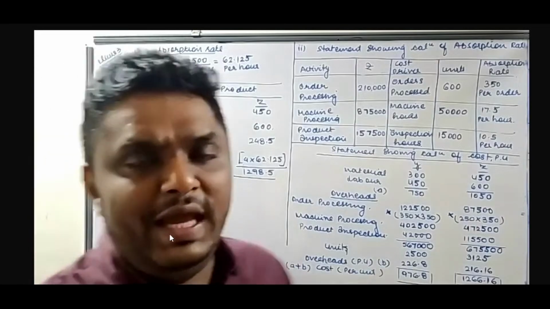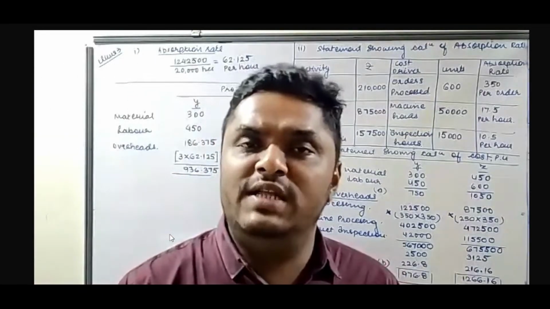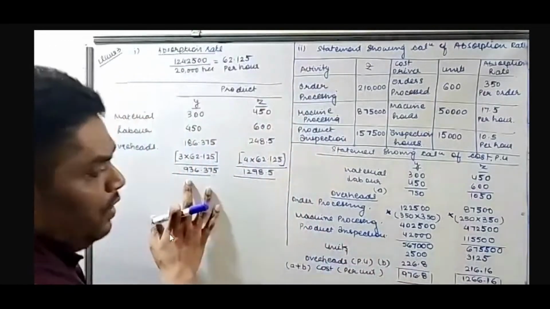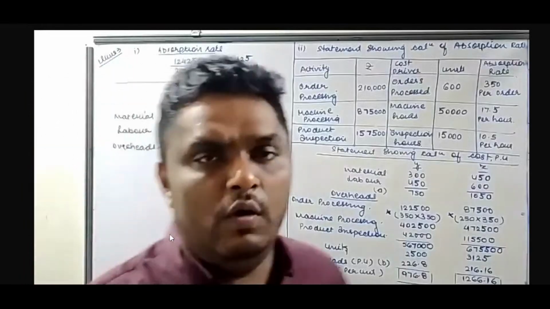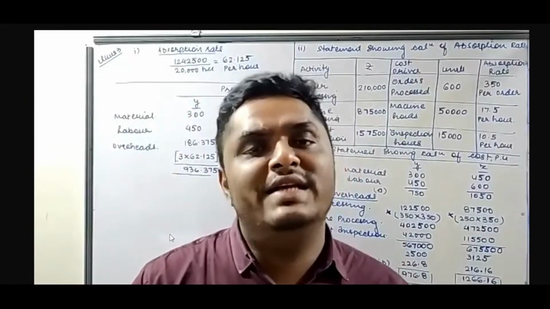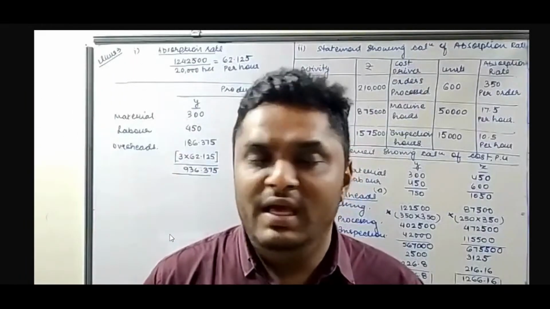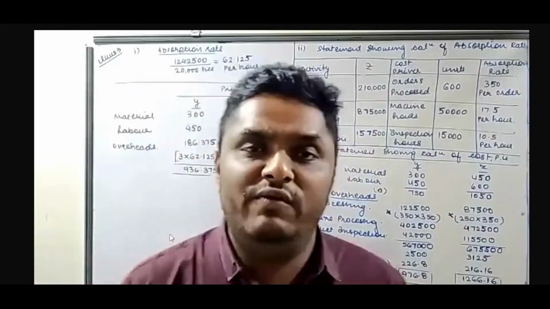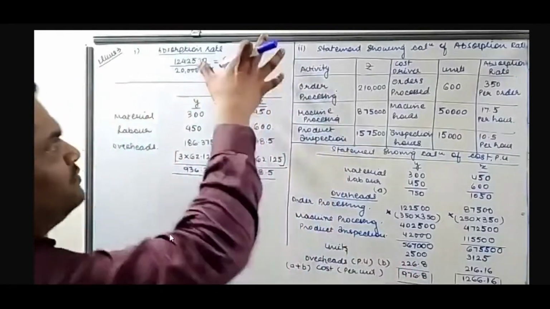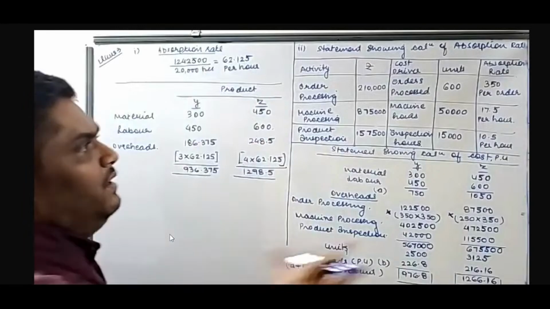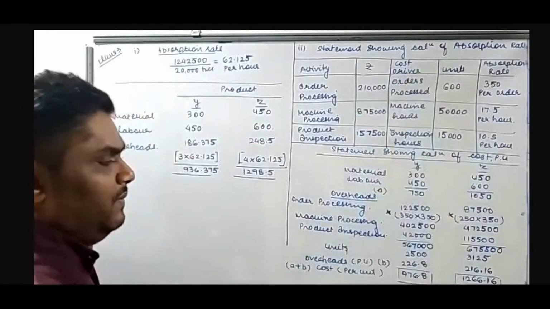And we have to take overheads absorption as the base. So if the cost is more, then we can say it is over costed, and if the cost is less, we can call it as under costed. So this is the way you have to solve the question with the same pattern: absorption rate, cost statement.